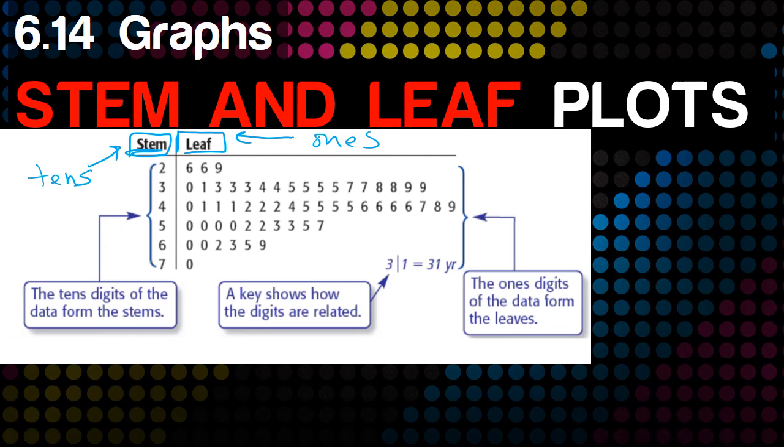So we can say that the number 26 shows up, 26 shows up a second time, and 29 shows up. Further, with 3 in the tens place, we can see that's 30, 31, 33, 33, 33, and so on. All we need to remember is our stem is the tens digit, the leaf is the ones digit, and here we're given this useful key. So if we forget, the 3 is in the tens place and the 1 is in the ones place for our stem and leaf plots.